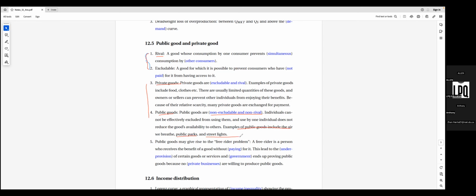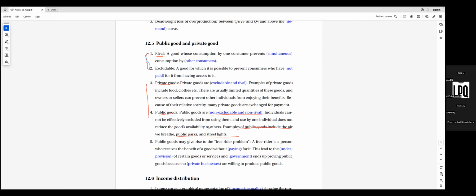But I mentioned not everybody pays tax. People who didn't pay any tax because their income is so low can also use a public park and street lights.